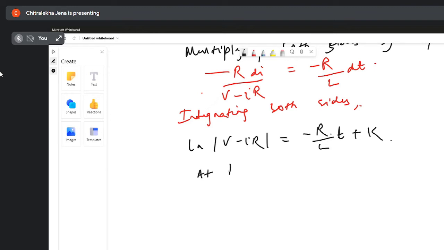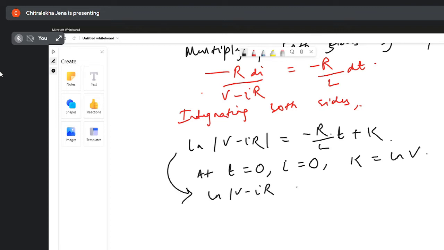At t equal to 0, what is the value of current? Current is equal to 0. So at that time, K is equal to ln V. Now substituting here, what will you get? Ln of V minus IR is equal to minus R by L T plus ln V.